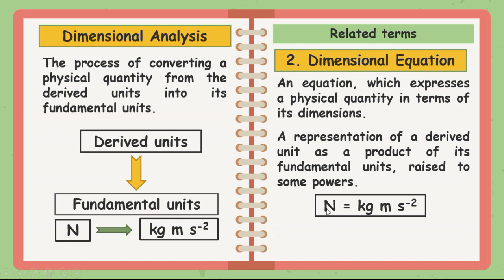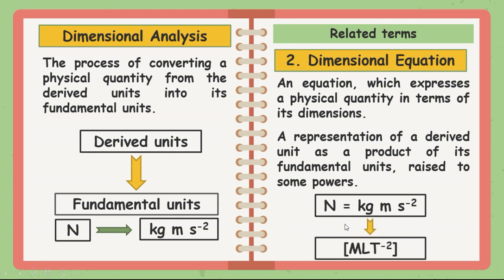So Newton is the derived unit and it comprises kilogram, meters, and seconds to the power negative 2. A representation of this derived unit Newton as a product of its fundamental units, that is kilogram, meters, seconds, raised to some powers, is what we refer to as a dimensional equation.